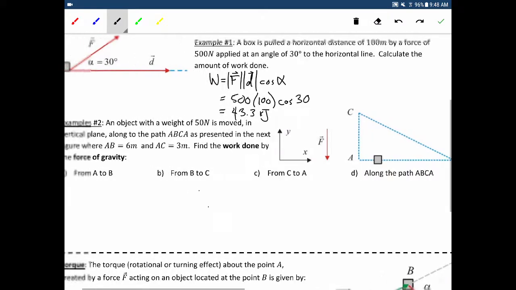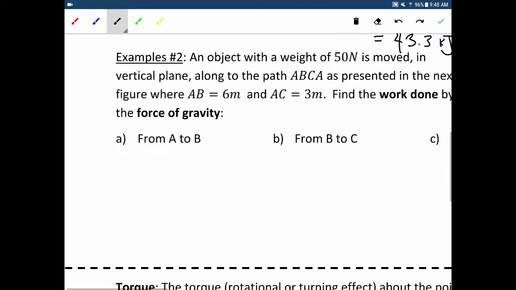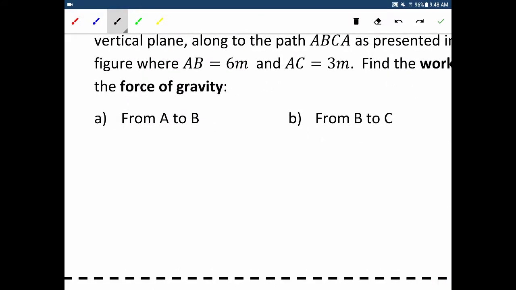My force vector is going to be 0, negative 50.